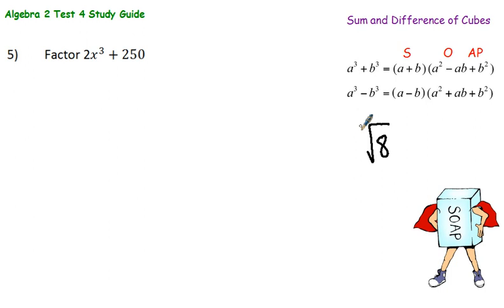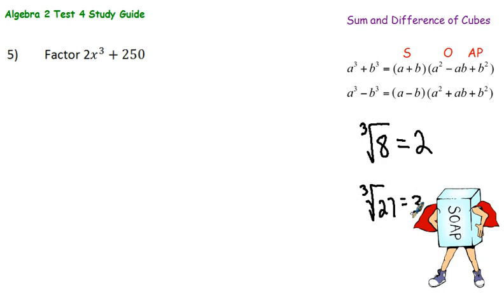But if we take the cube root of something, we're saying what same number, not 2 times, but 3 times would give you the number that's underneath there. Well, that would be 2, right? Because 2 times 2 is 4, times another 2 would be 8. So that's the idea of the cube root. Some of the most common cube roots that you'll see: cube root of 27, what number times itself 3 times? Well, that would be 3, because 3 times 3 is 9, and 9 times 3 is 27. So that's the idea of the cube root.